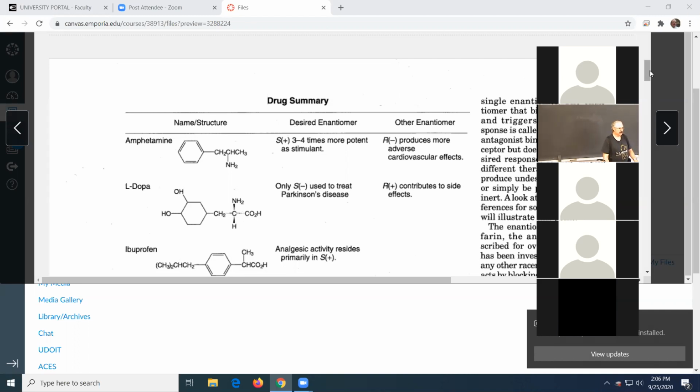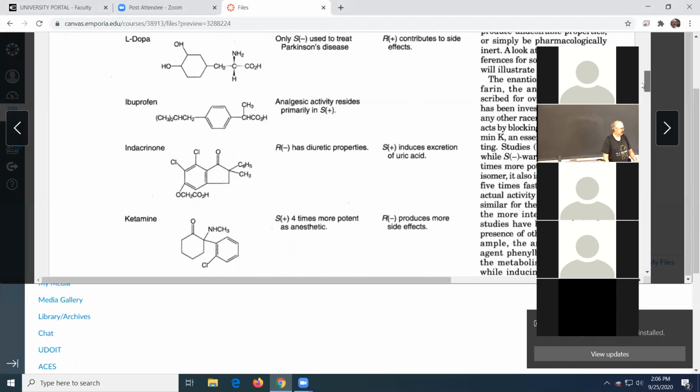All right, the next one is ibuprofen, the main ingredient in Advil and Motrin. Analgesic activity resides primarily in the S plus. The body does racemize ibuprofen, so it's not necessarily economically feasible to make exclusively the S plus isomer.